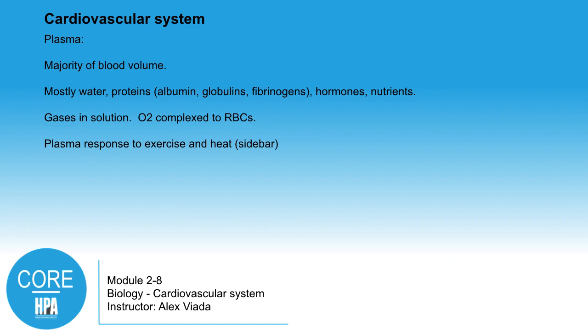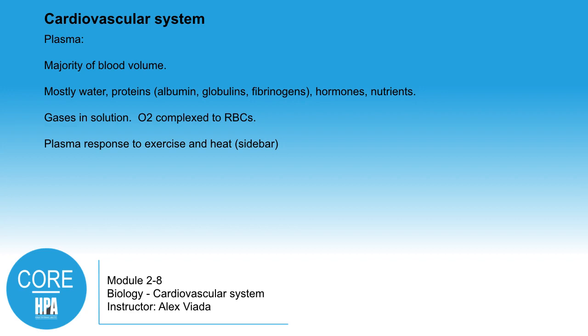It contains water, as you can see. It contains proteins, many kinds of proteins, hormones, nutrients. This is basically the catch-all for everything that's not a cell. It also contains gases. Your plasma volume can actually change fairly significantly. When you talk about changes in blood volume due to dehydration or a lot of other factors, this is all due to your plasma volume.